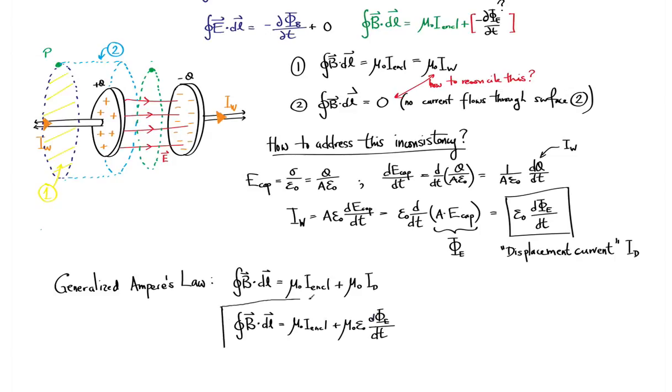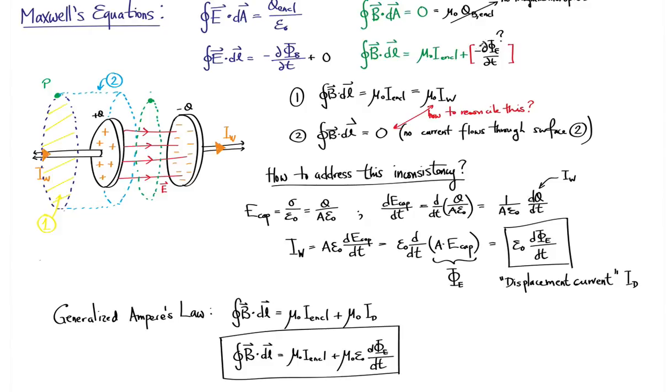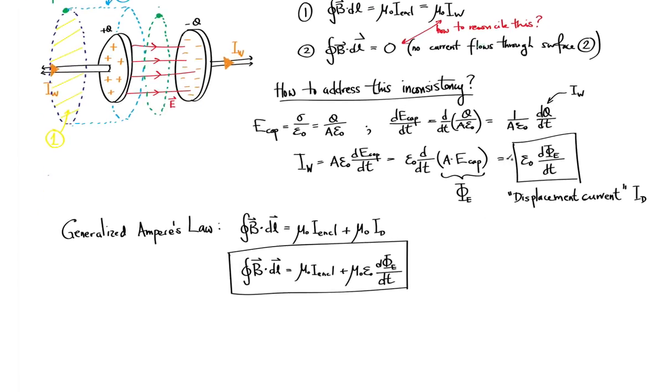So this is our new and improved Ampere's law. Actually, what this should have had here is a plus, and there's an epsilon naught. So I'll just erase the minus sign so I can squeeze that mu naught epsilon naught in there. It's hard to read, but you can see it down here. So this is the generalized Ampere's law.